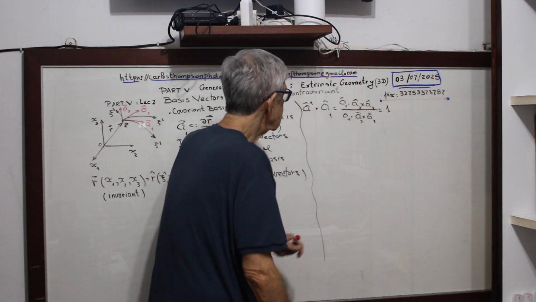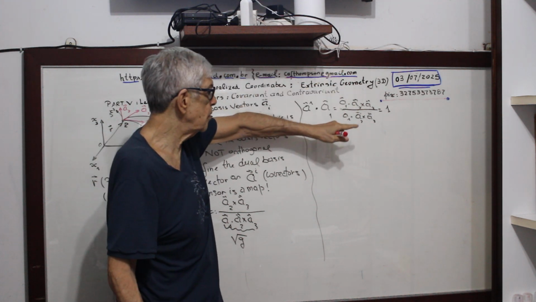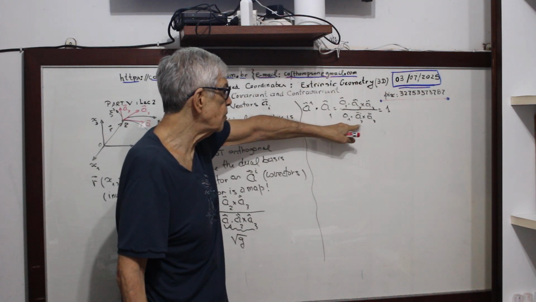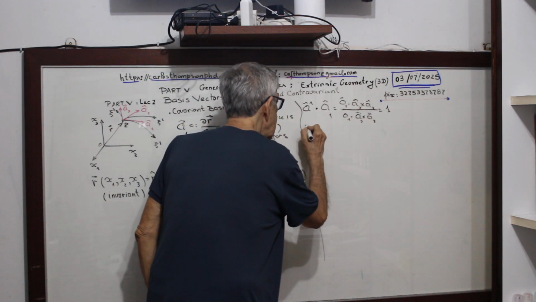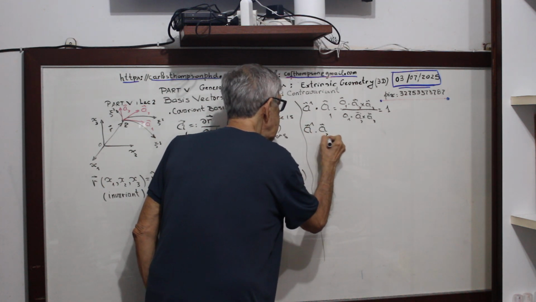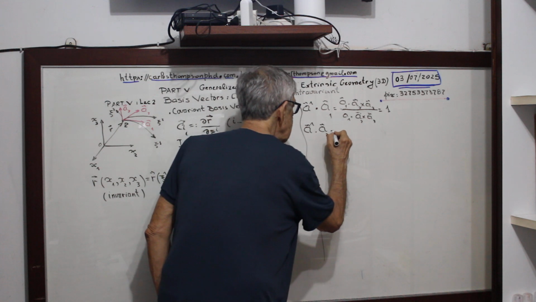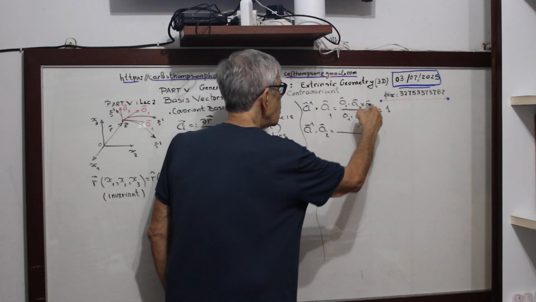This is equal to 1. You see? Here is a scalar, a mixed product. This is a mixed product, so this is 1. But A1 dot A2 is equal, it doesn't matter if A1 is here or over there.